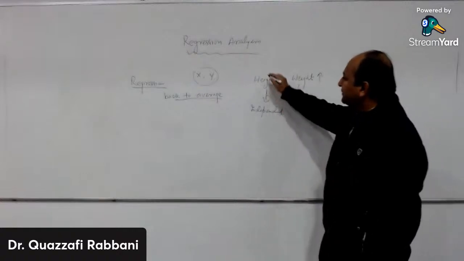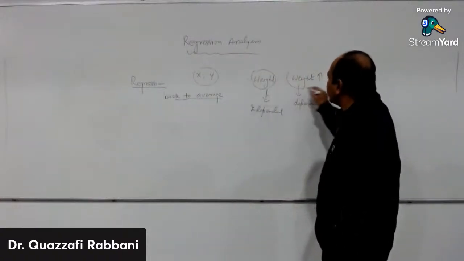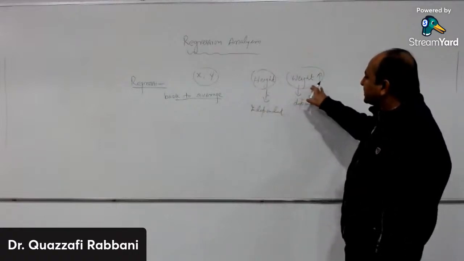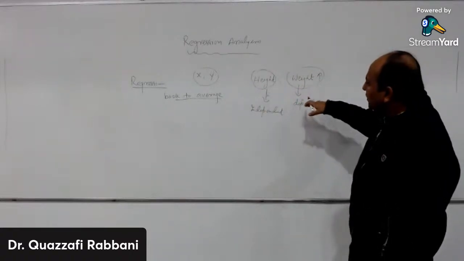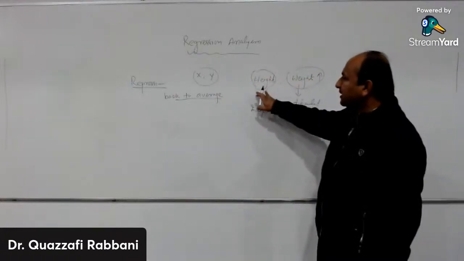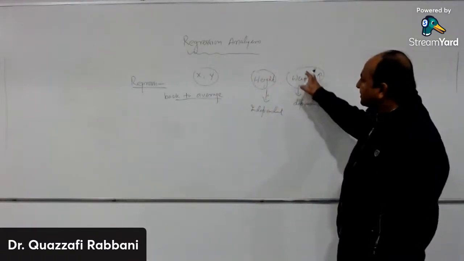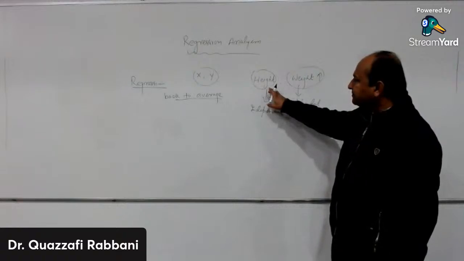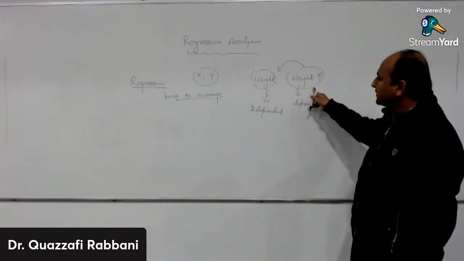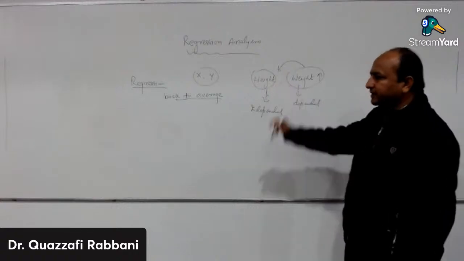So with height and weight, a change in height will affect the change in weight, but a change in weight will not affect the change in height. It means weight depends on height. Weight is the dependent variable and height is the independent variable.